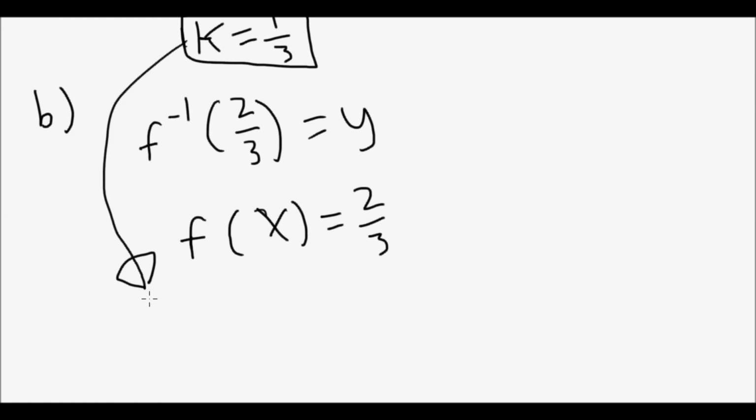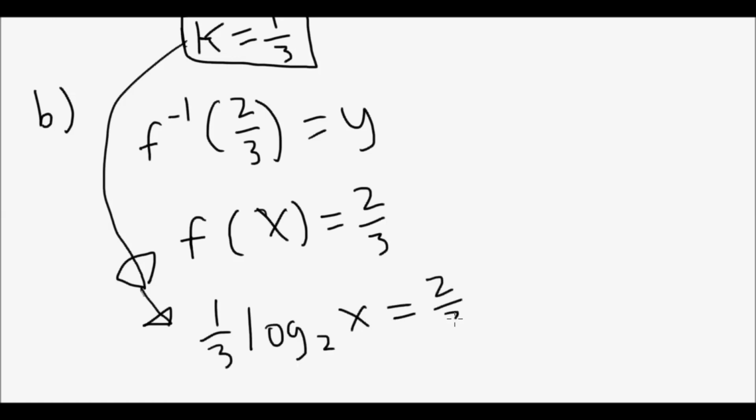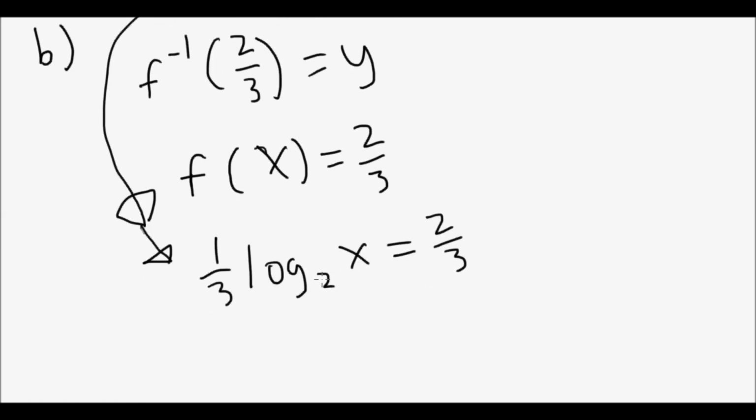And we're going to go with 1 over 3 log 2x equals 2 over 3. Great. Now we're going to have to simplify this expression so we find out what x is, because that's the goal, to find what x is as a number.